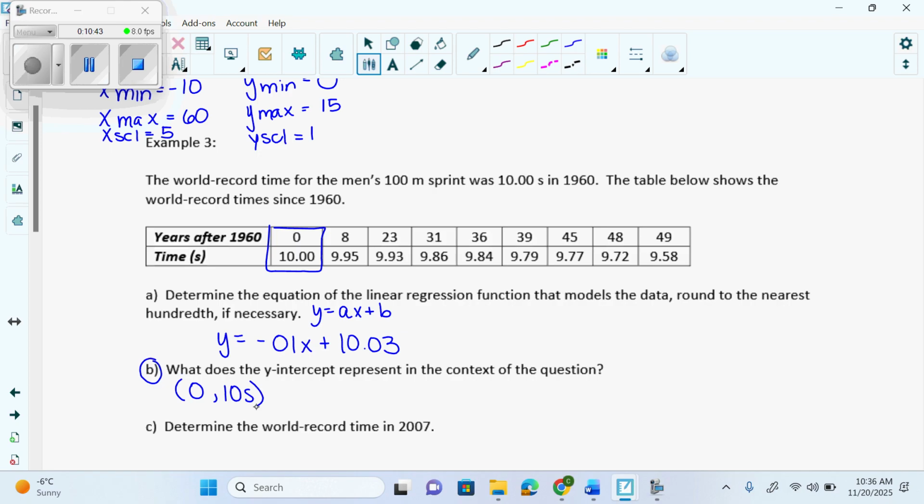What does that represent in the context of this question? What is 0 for years in this question? 1960.